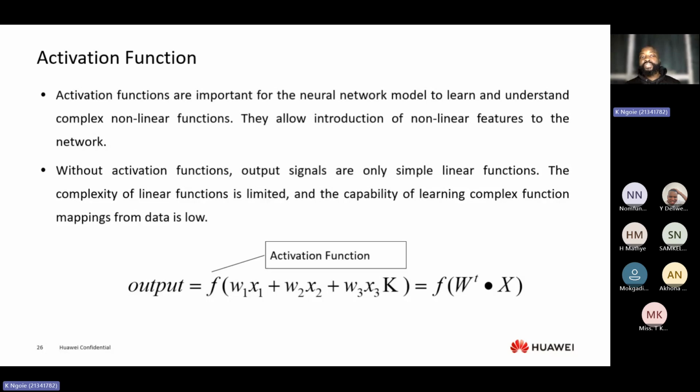So an activation function is very important in a neural network. It allows us to introduce non-linear features to the network. Without the activation function, the output signals are only a simple linear function.